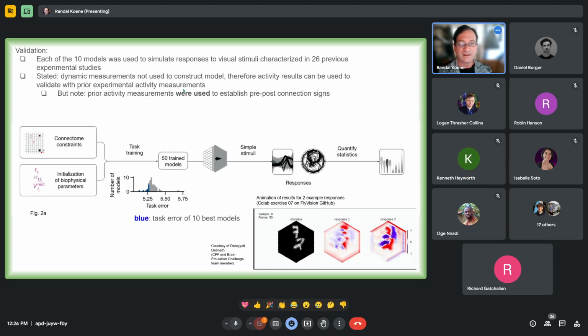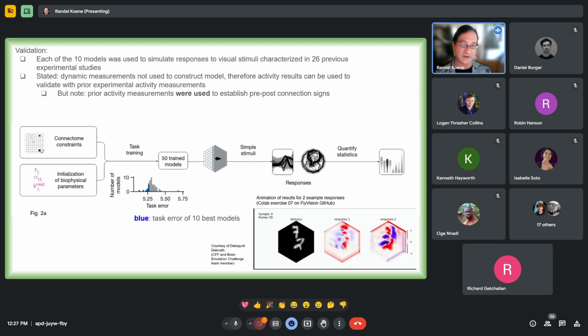Speaking of validation, to validate the 10 best models using experimental measurements from the 26 previous studies, they were given characteristic visual stimuli, simple stimuli, that correspond to those that were used in the studies. And the authors make a point that this validation is justified, especially because dynamic measurements were not used to construct the model.